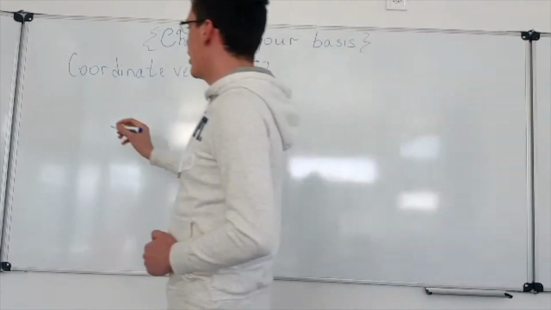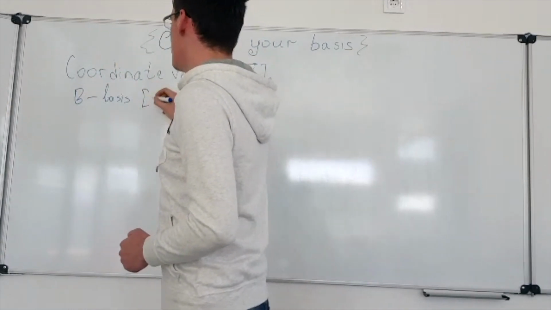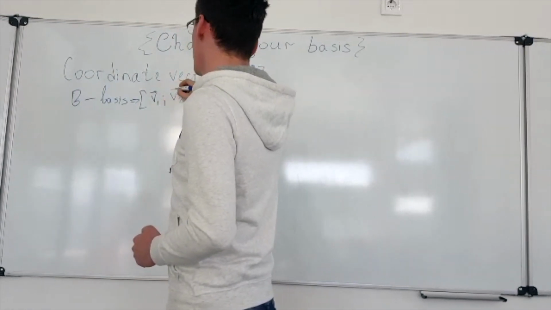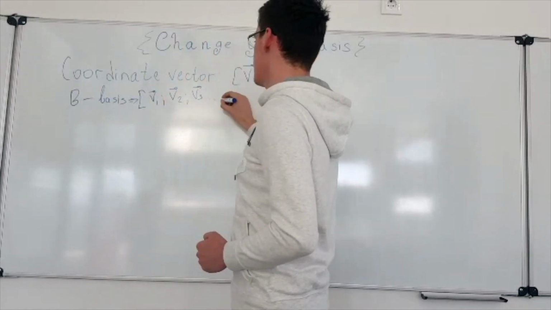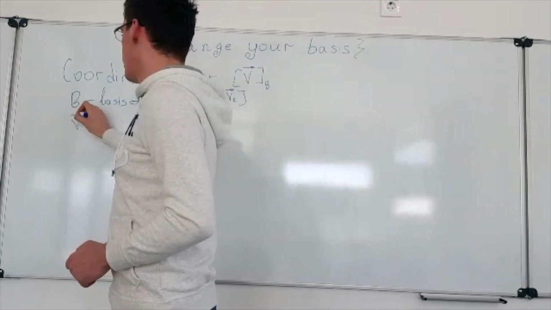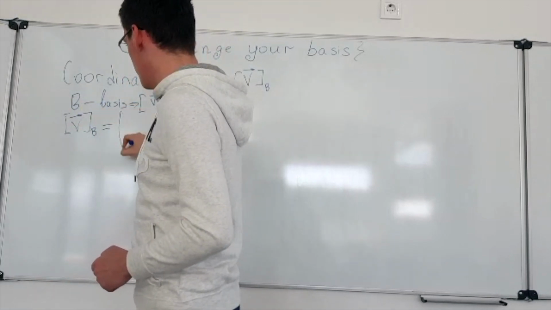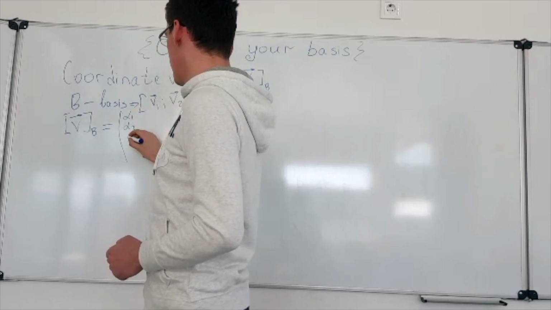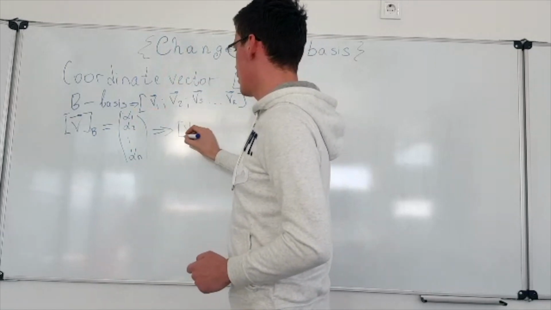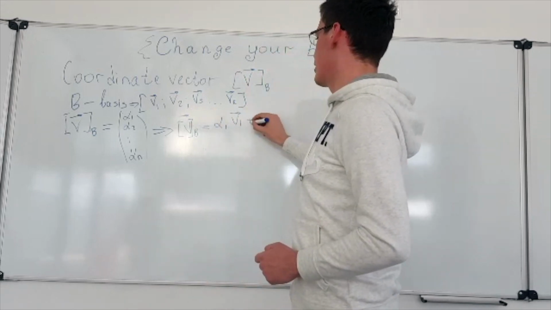In other words, if you have basis B, this means that B is some ordered list of non-collinear vectors, and our vector V with respect to basis B is a list of numbers alpha 1 through alpha n, which means that V is equal to such an equation.